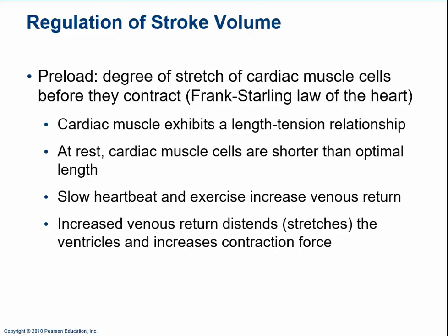So preload is really the major determinant of this. It is how much the stretching from filling the heart causes the myofibrils to overlap to get a good length tension relationship, and how much time you have for venous return.